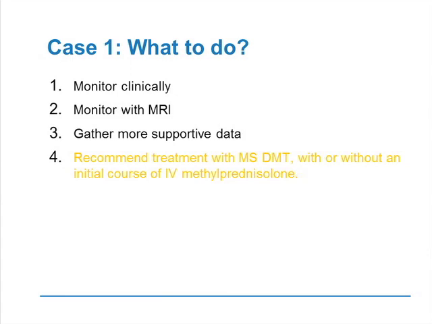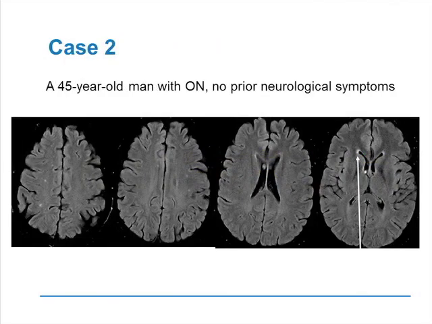In other words, showing that there have been some lesions which occurred previously and some lesions which are current. So in this case, we recommend choice 4, recommend treatment with MS disease-modifying therapy with or without an IV methylprednisolone course. Let's consider a second case.